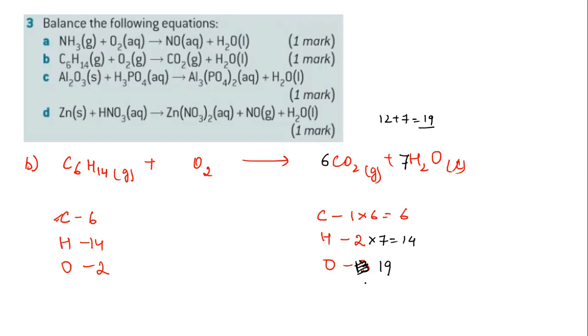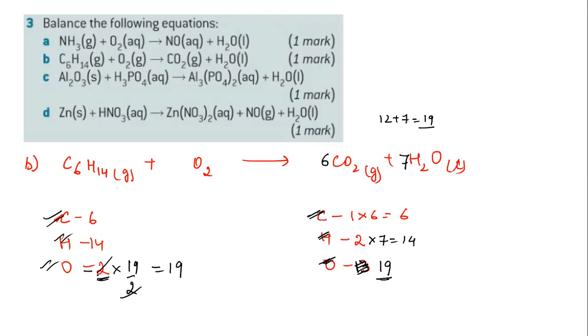Now carbon is balanced. Hydrogen is balanced. Oxygen is not balanced. Here you are having 2 oxygen and here you are having 19 oxygen. So in this case, how can you convert 2 into 19? To which number do you have to multiply this 2 so that it will become 19? 19 by 2.